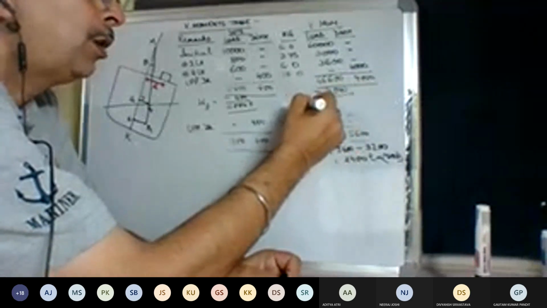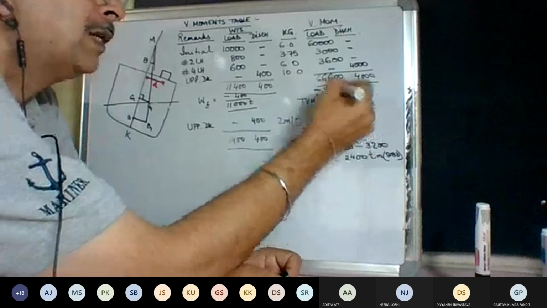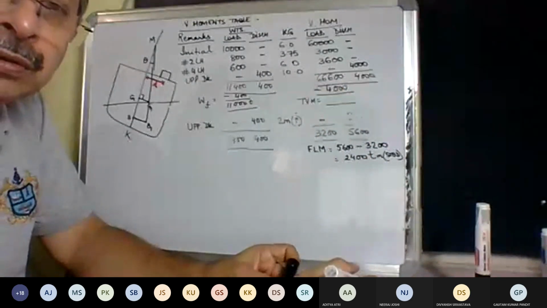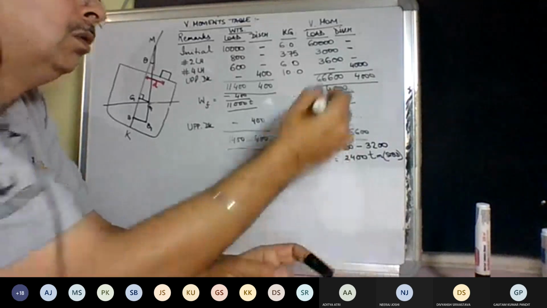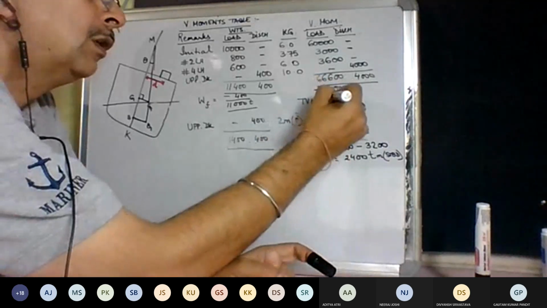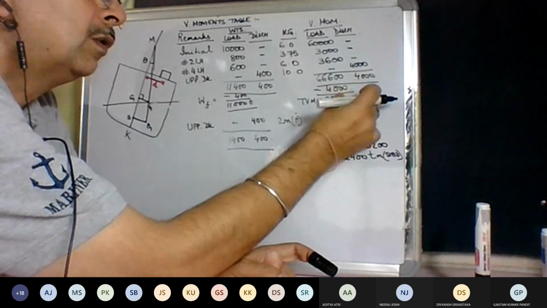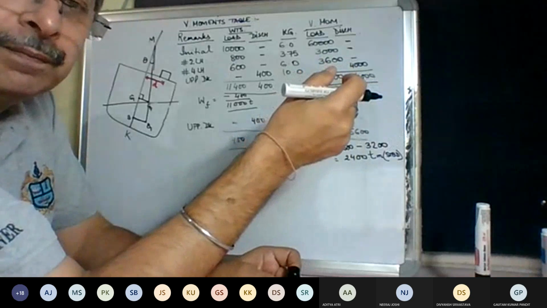That will give me total vertical moments or final vertical moments. एक ही बात है. 66,600 minus 4,000 comes as equal to 62,600.